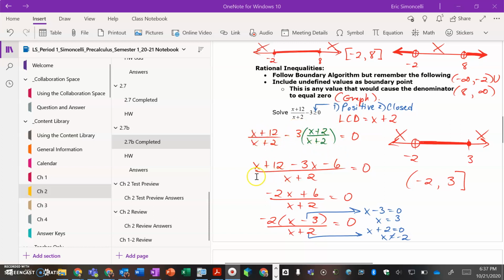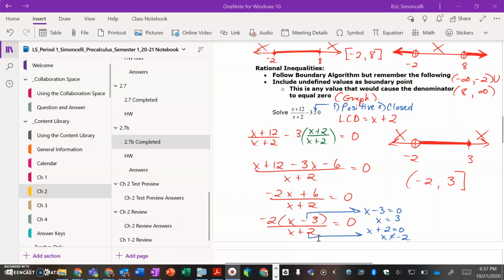So there you have it in my next step: x plus 12 minus 3x minus 6 all over x plus 2. And that still equals 0. The numerator you can simplify as such: negative 2x plus 6, and that's still over x plus 2, still equals 0. And then you have a GCF here, as you can see, what appears to be negative 2, which leads you to this factored form, negative 2 quantity x minus 3 all over x plus 2.